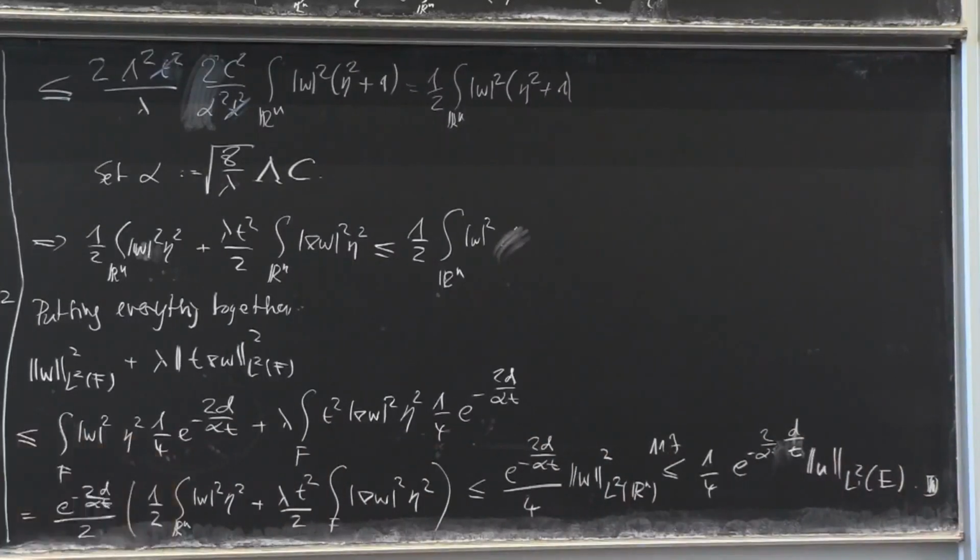But the main point is to find this particular test function that makes things work. Okay, so what we've achieved up to now is we've shown that these two families, the resolvent and t times gradients of the resolvent, both have L2 off-diagonal estimates for every elliptic divergence form operator.